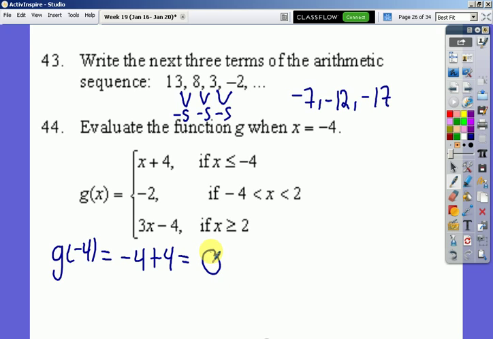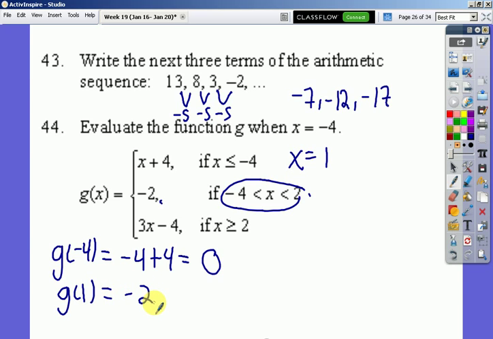Now you may ask, what if for some reason I got a 1? If x equals 1, and I look here and it's this one, and it just says -2, what's the value of g of 1 then? -2. Right.